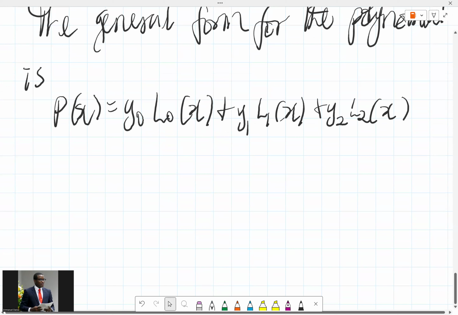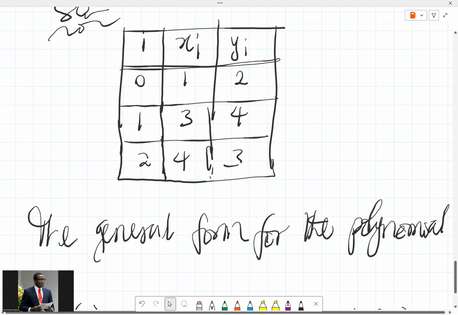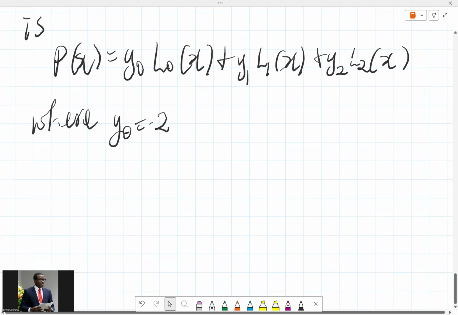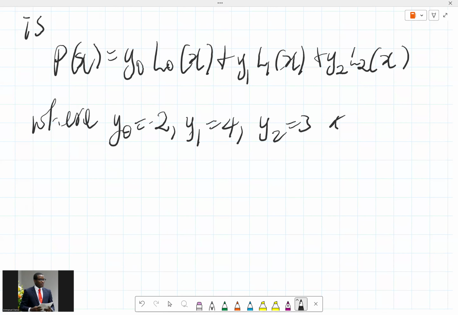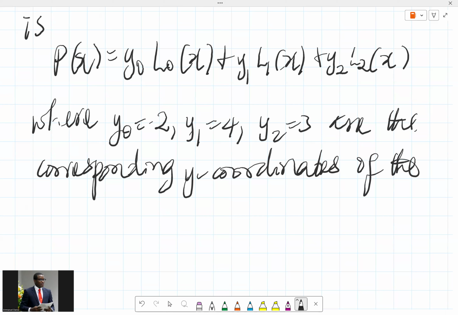Where y0 is equal to 2, y1 is equal to 4, and y2 is equal to 3 are the corresponding y coordinates of the given points.